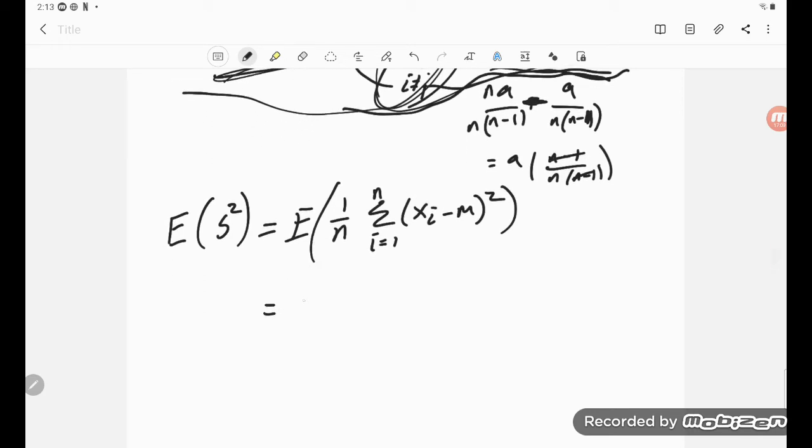So expected value says this is 1 over n times the sum i equal 1 to n of the expected value of xi minus m squared.